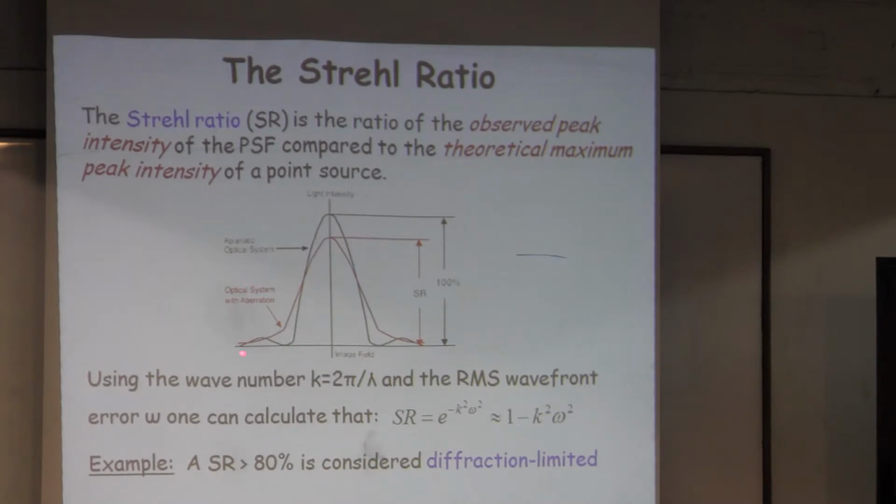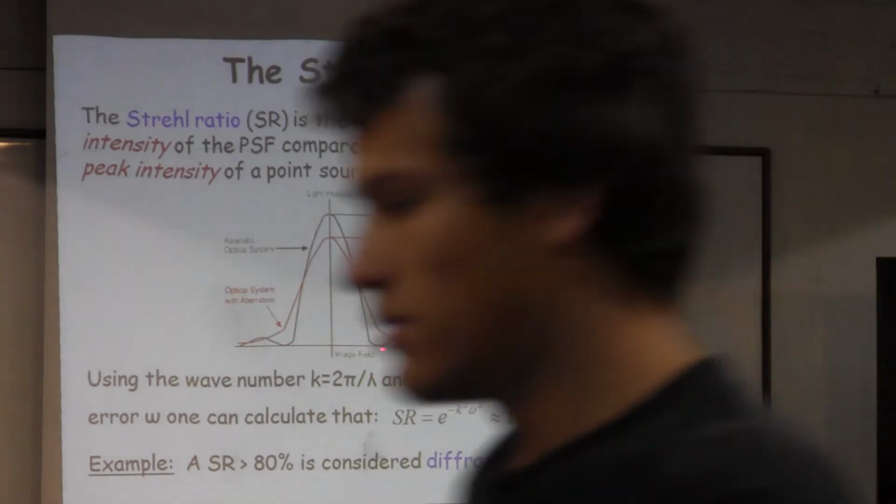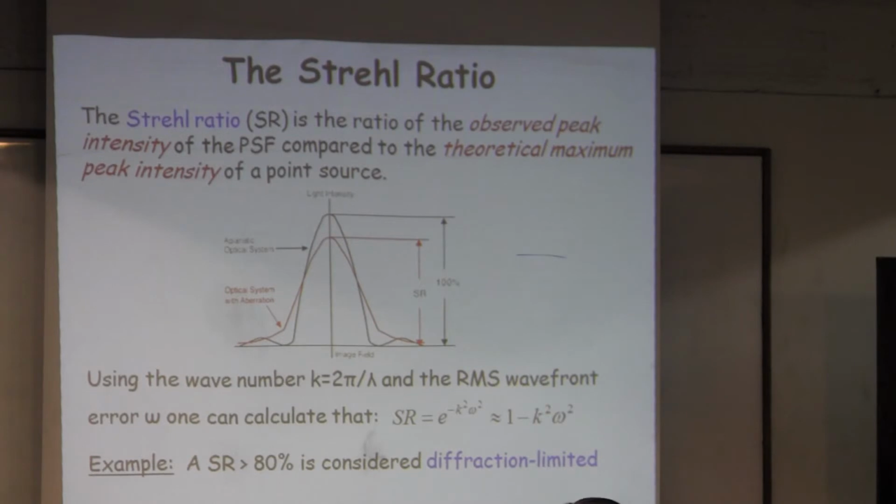So an optical system with aberrations would give you more like that curve, and the result is simply that the peak here is less. And remember that the light in the central peak determines the brightness of your star. Often, whatever happens out here doesn't really matter because it's too faint, spread over too many pixels. So if you have a faint source on the sky, what matters is how much light you have in the central part.